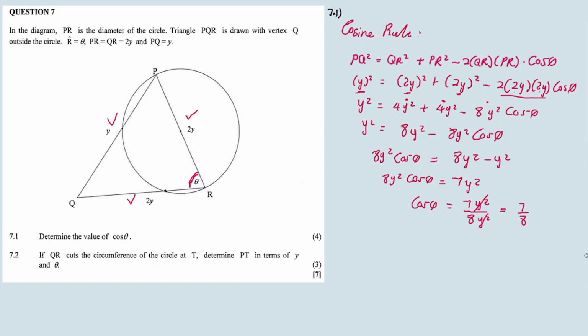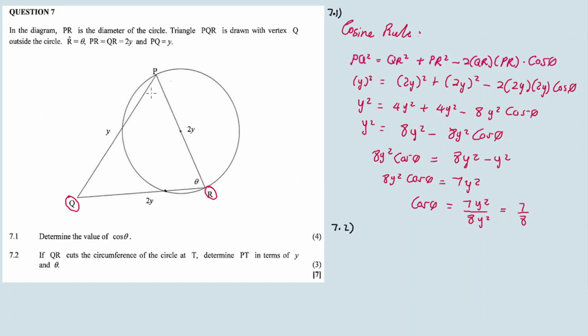So now I answer it. 7.2: if QR cuts the circumference of the circle at T, determine PT in terms of y and theta. Where is T?